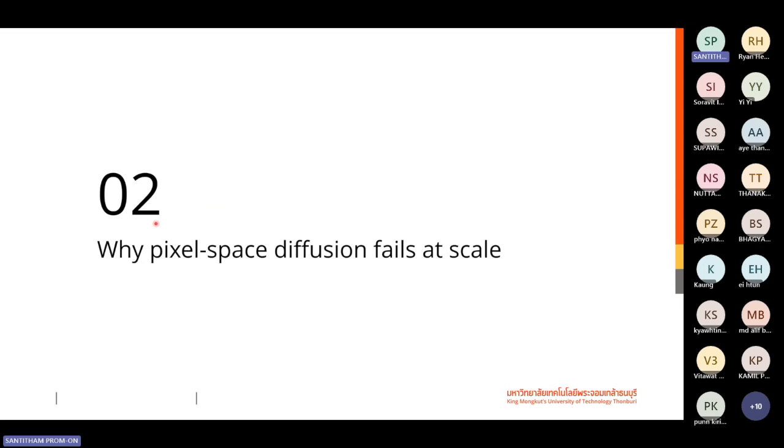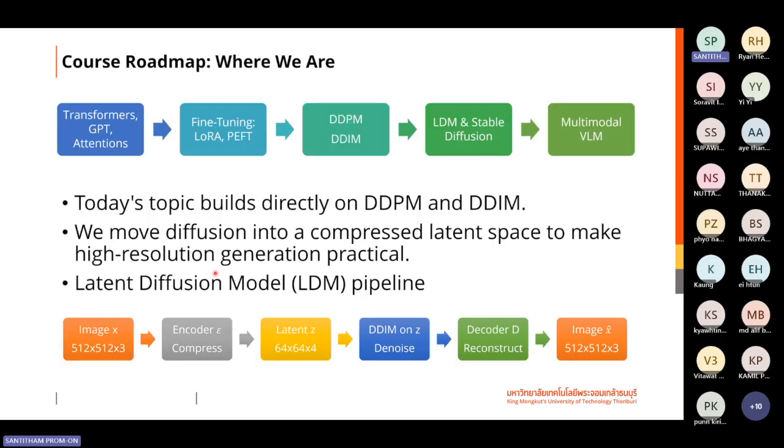So what you see in the DDPM and DDIM diffusion models that we saw earlier are what is called pixel space diffusion. We are at this point. We want to learn about that. The pixel space diffusion is a diffusion model where you perform diffusion on pixels.